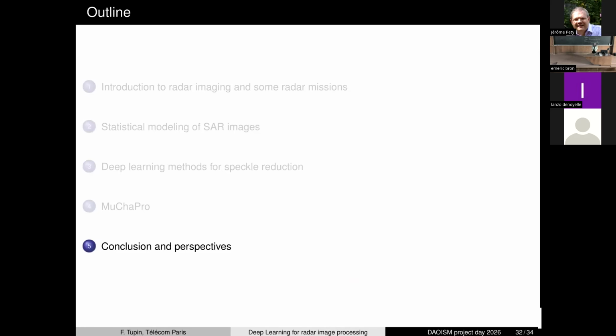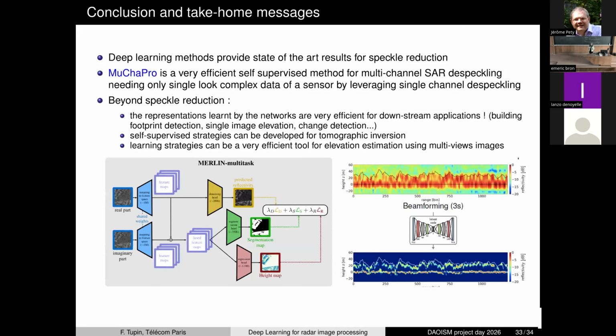Maybe you could think that just reducing the speckle or improving the estimation is not something so useful. But when you are doing this noise reduction, you are building a representation space that is then very useful for downstream tasks.